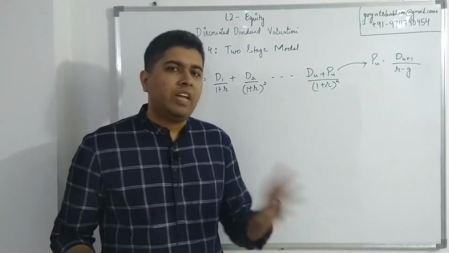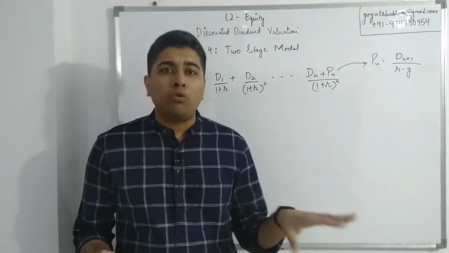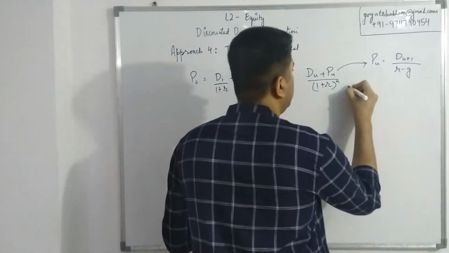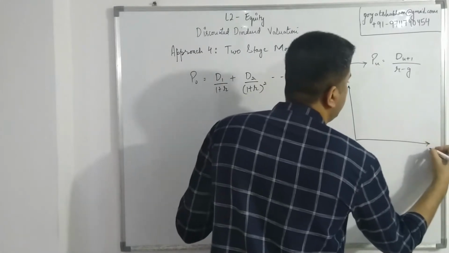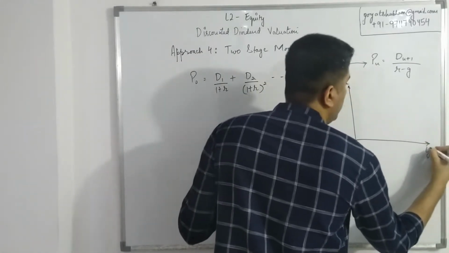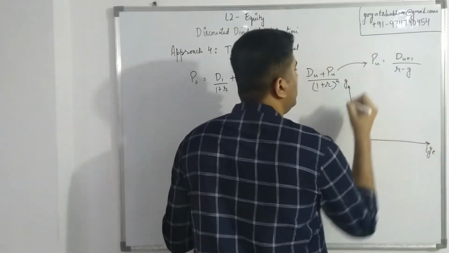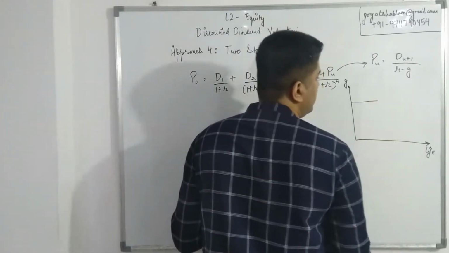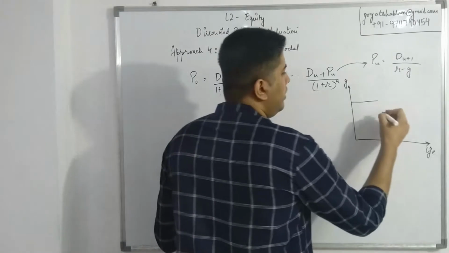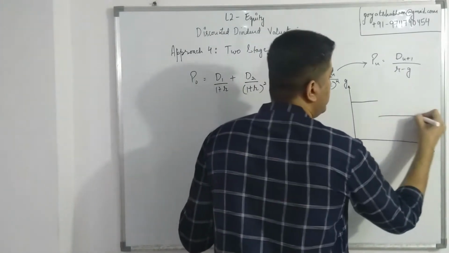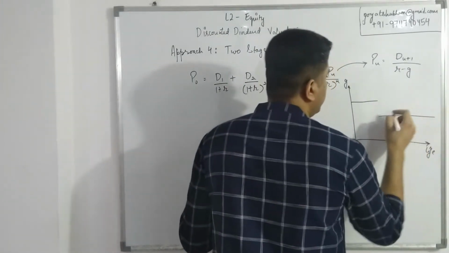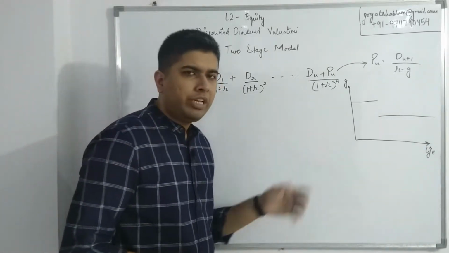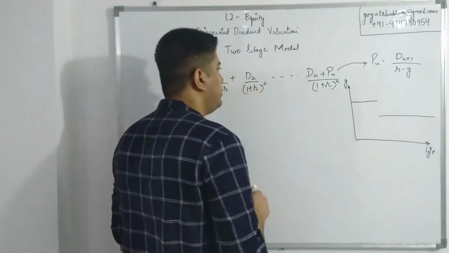So instead of taking just one constant growth rate throughout the life of the company, this model is saying that for the initial years, the growth would be slightly higher and then the growth would stabilize for perpetuity. Now, if you refer to any of the curriculums or other study material, they have given notations for these growth rates.